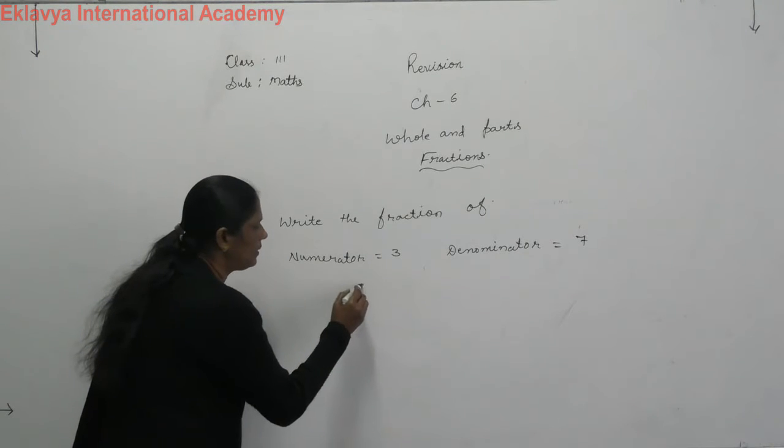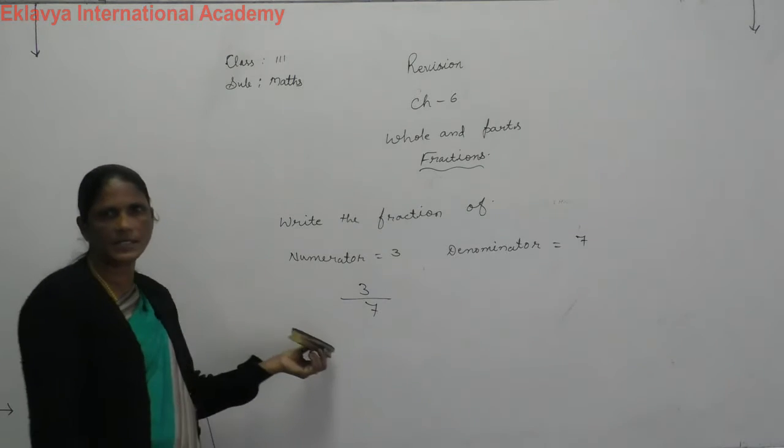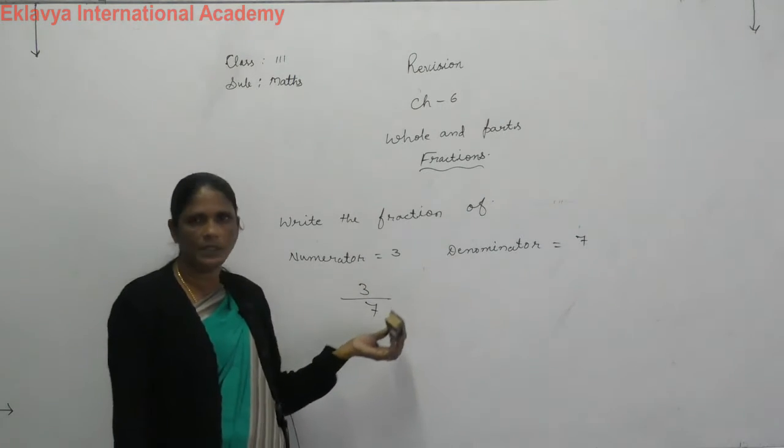First you write 3 as numerator, then the denominator. Understand? Numerator and denominator.